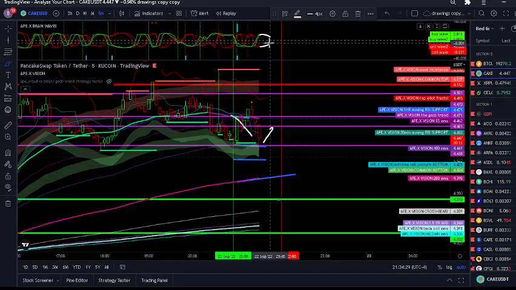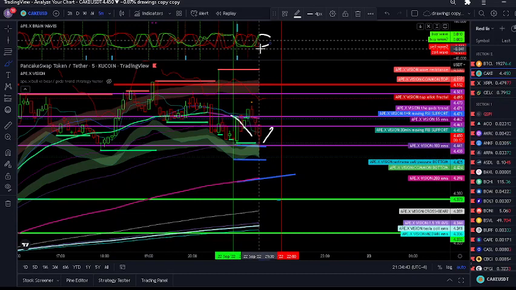So if the green line started to curve down, you'd consider that a possible bullish call. Then once the green line is fully down, you consider that a bullish call.